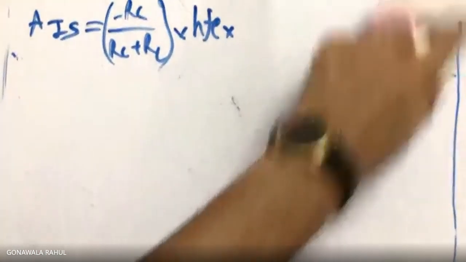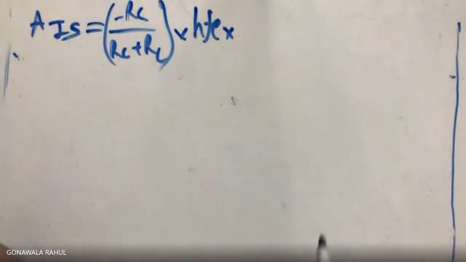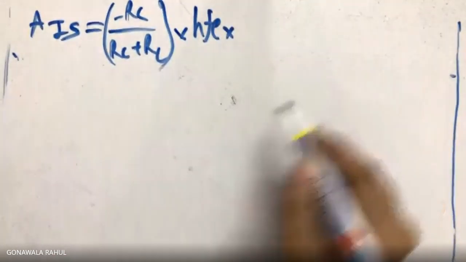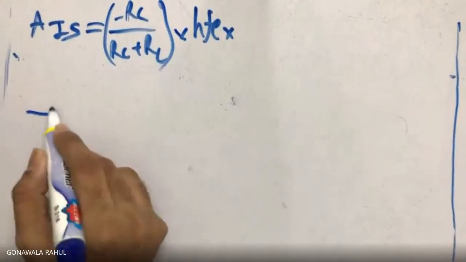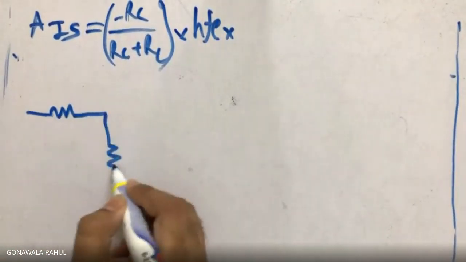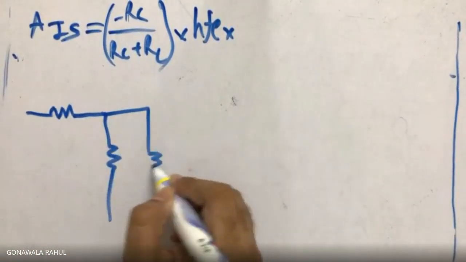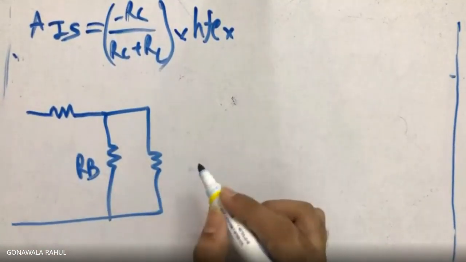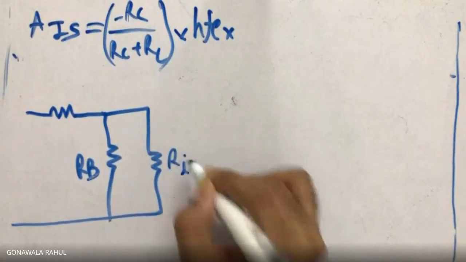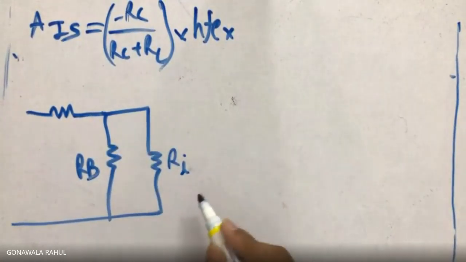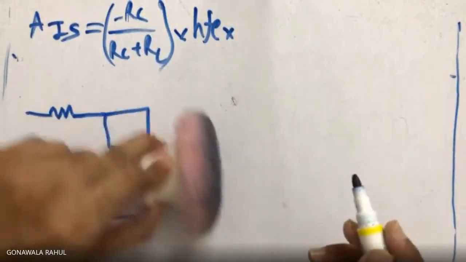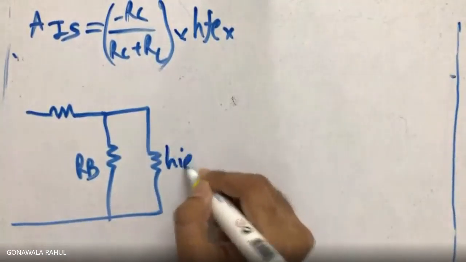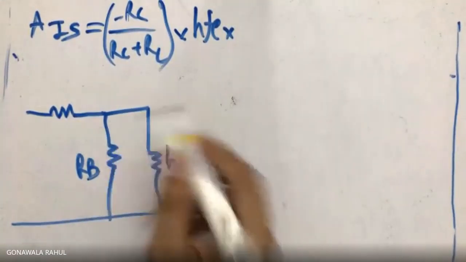At the input side, we draw the circuit. We had a circuit like this. Let's say this is R1 parallel R2, that is RB, and this is the input resistance, which was nothing but our HIE, so I am writing HIE here.